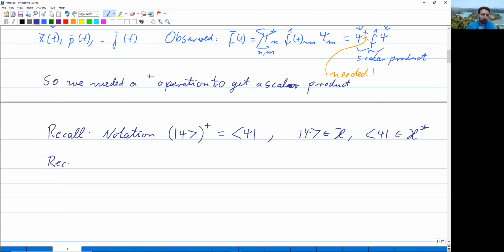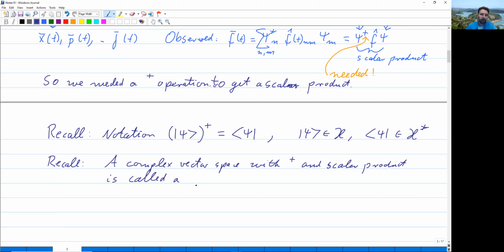So recall, a complex vector space with a Hermitian conjugation and scalar or inner product is called a pre-Hilbert space.